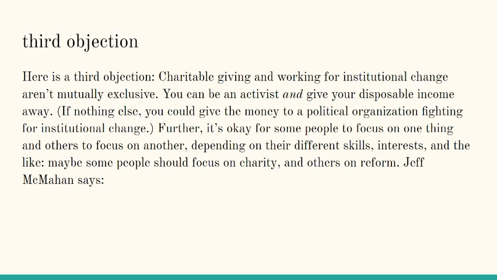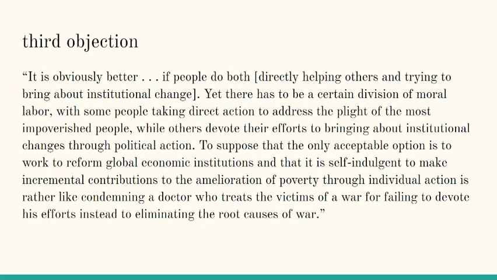Furthermore, you might think it's okay for different people to have different emphases, depending on their skills and their interests. Maybe some people should be focused on charity that alleviates suffering that's ongoing, and other people should be focused on reform that tries to eliminate the root causes of suffering. So McMahon here, again defending effective altruism, says, yeah, of course it's best if people do both. They both directly help others through charity, and they try to bring about institutional change.